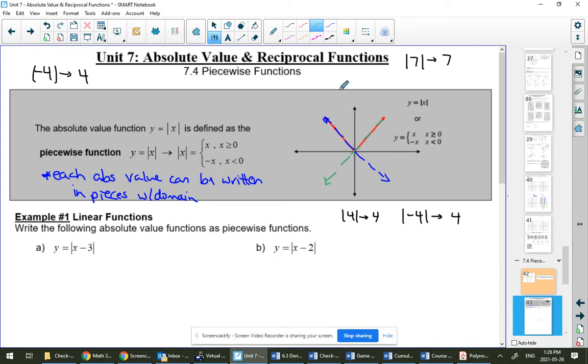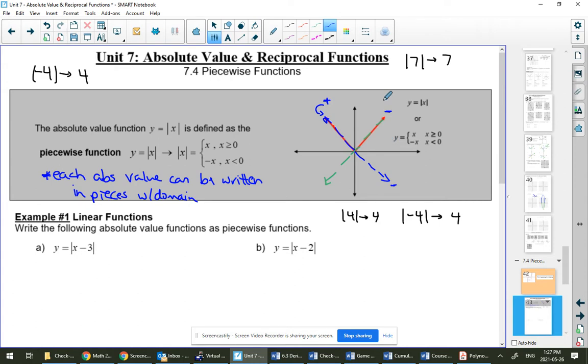If I'm looking at this function here, the original function would have been the blue graph, and then when we flip it up, it's going to do this. Well, on the original function, this part of the graph is positive, and on the original function, this part is negative. So now when we take the absolute value, this part flips up. This is what we would call the positive part of the graph, and this would be the negative part of the graph.